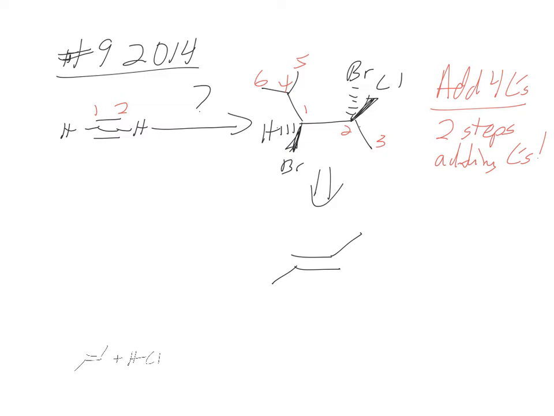So we want to add the Brs last then, because we know that we can add Brs anti with an alkene. So we'd have the H and the Cl trans. That's a number of carbons, 1, 2, 3, 4, 5, 6. Now what does this come from?